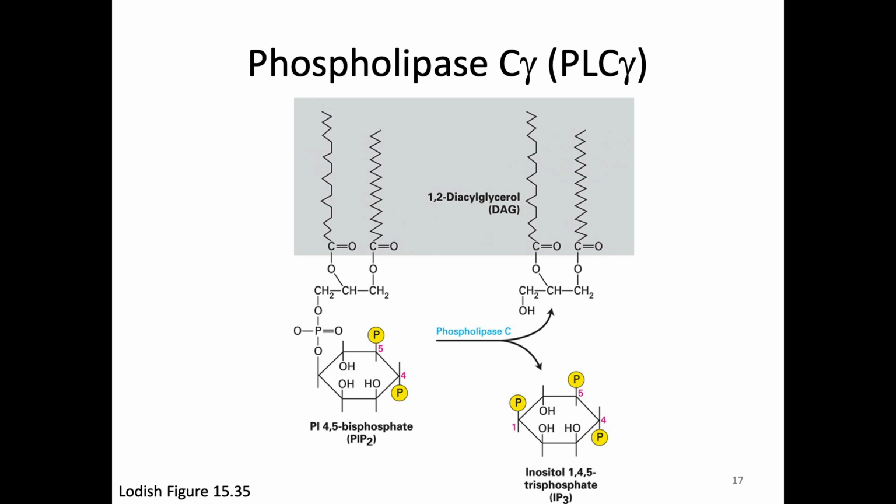When IP3 is made because of this cutting, it's going to bind to another protein in the cell. In some ways, you can think of that as a receptor, right? That's in a different part of the cell.